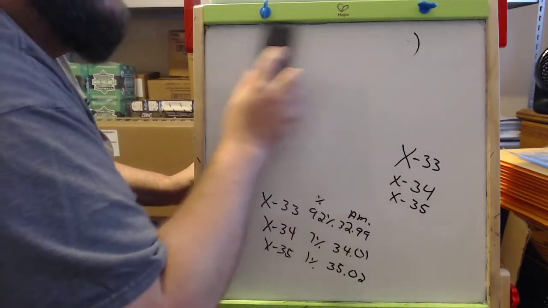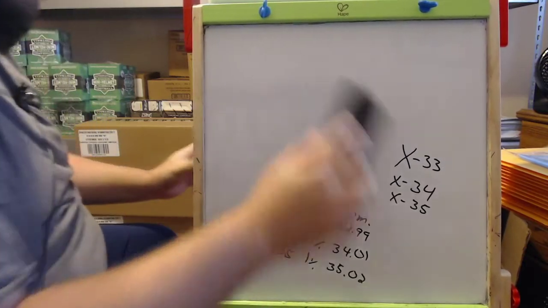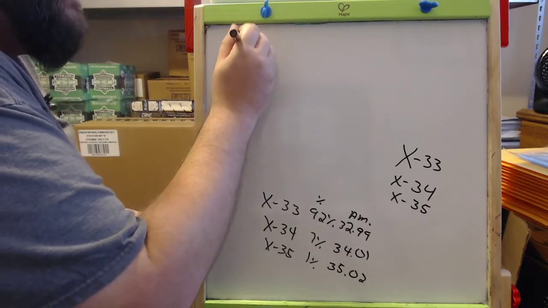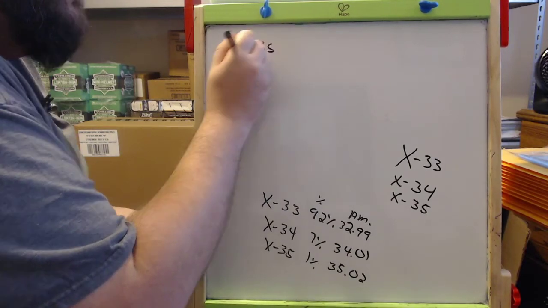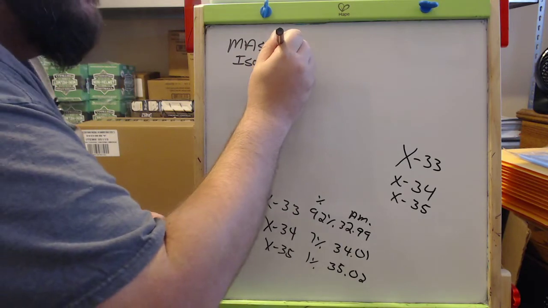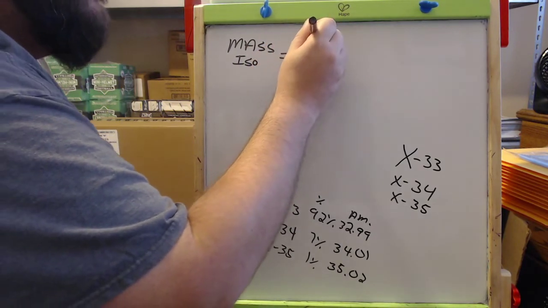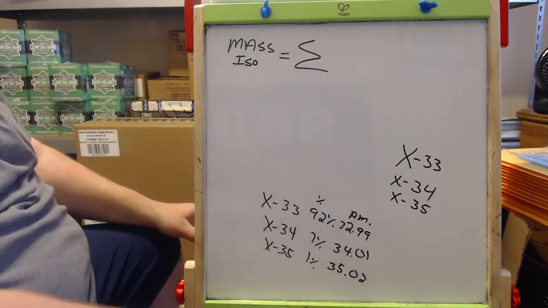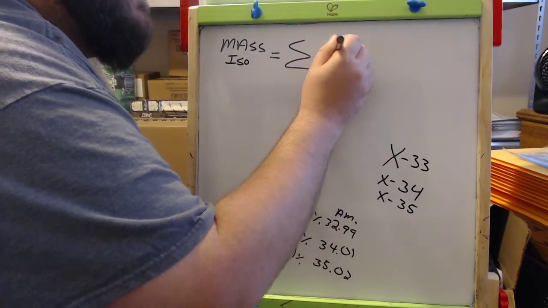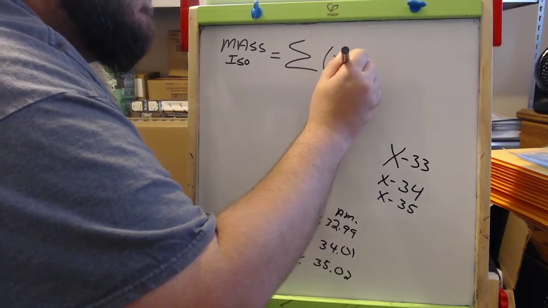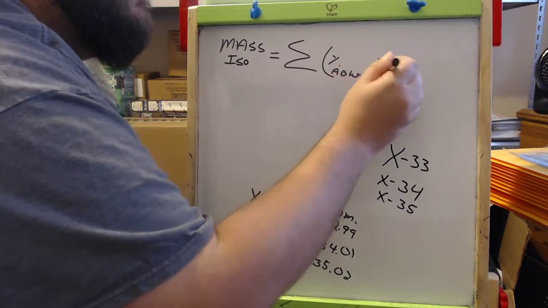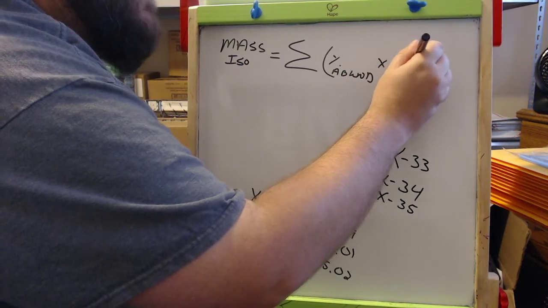Here's how we do it. It's an average of this information. The atomic mass is equal to the sum of the percent abundance times the mass of the isotope.